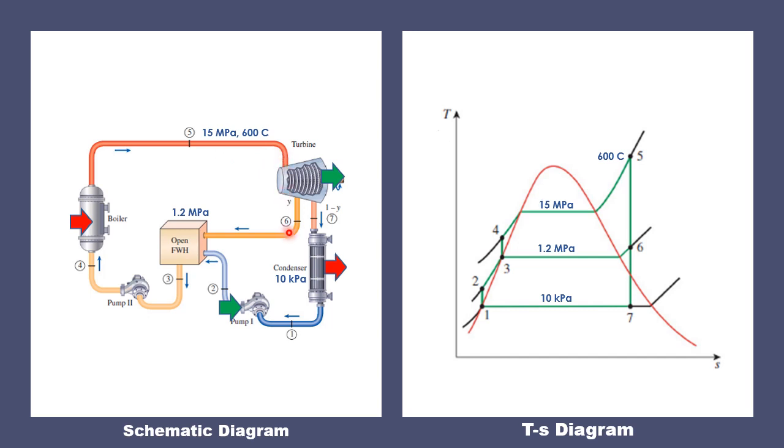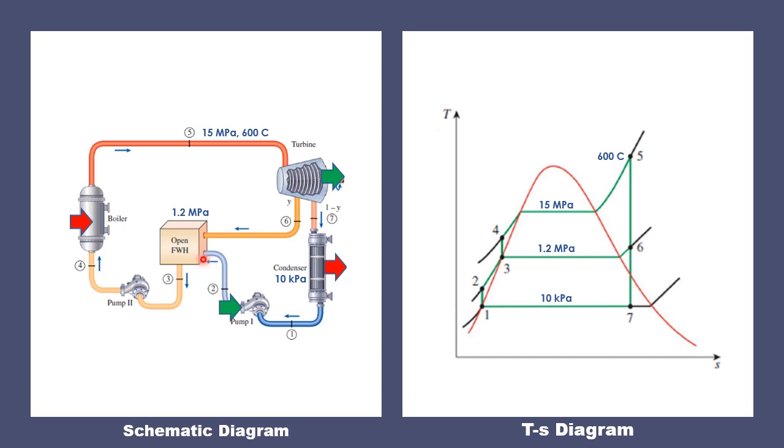At point 6, we extract Y quantity of steam. This Y quantity is a fraction of the total steam that is passing through the boiler. Since we extract Y quantity, the remaining quantity that will be condensed will be the total minus Y, or 1 minus Y. So this 1 minus Y will flow through the condenser, will flow through pump 1, and will enter the open feed water heater.